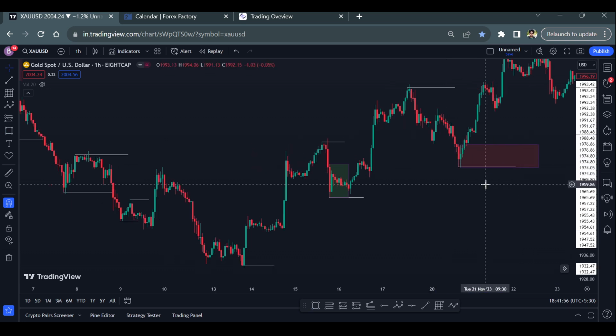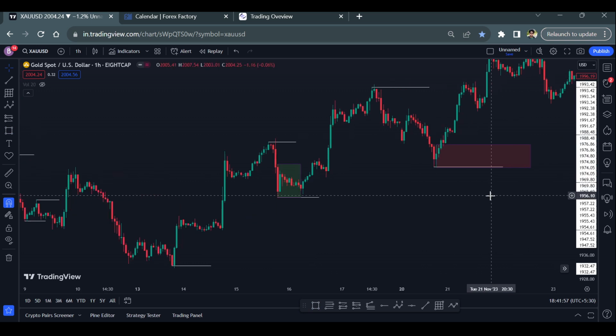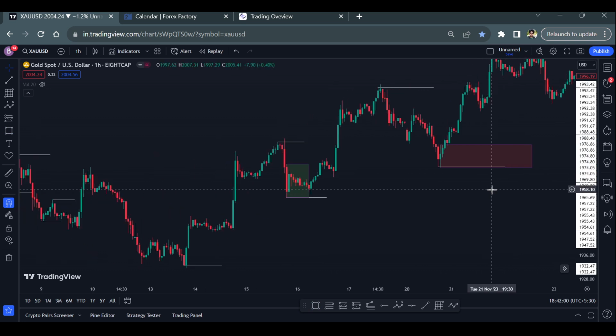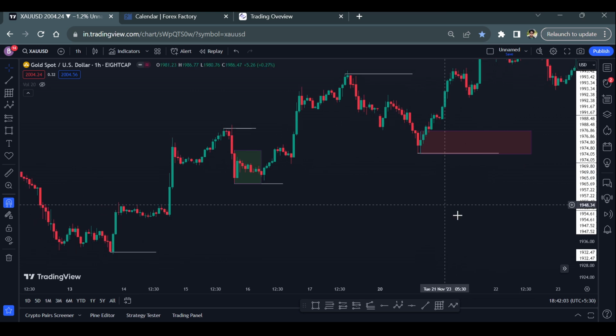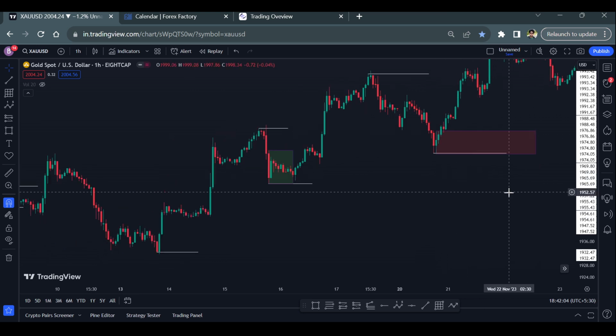Even during news time you can do the trading. It doesn't mean you can directly go and put your standard lots and take a loss, okay. All the news comes after the structure is established. I'll tell you that as well, if possible, in one video.